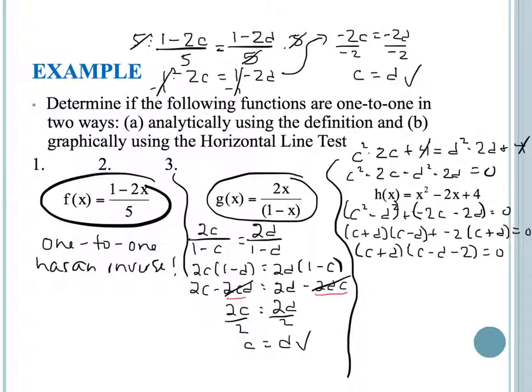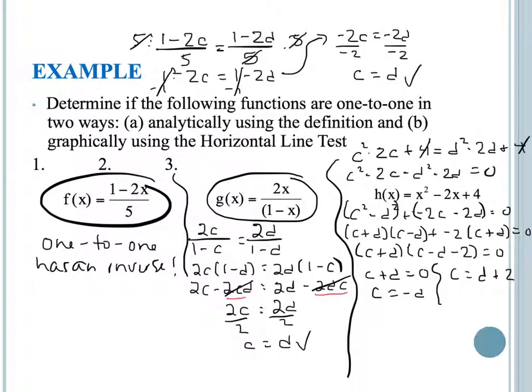Okay, so I would have c plus d equals 0. So that's saying that c equals negative d, not quite what we wanted. And c equals d plus 2, also not quite what we wanted.